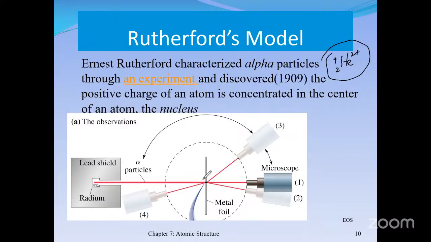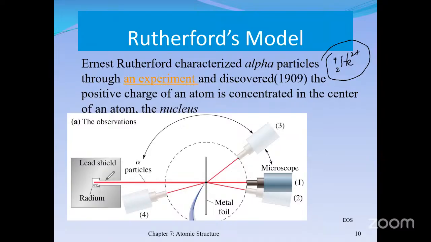So therefore, they will be turned back. So that's basically what we're looking for if you're trying to test this particular model. So what Rutherford did was he carried out this experiment, and what he discovered was, to his surprise, that not all the particles were turned back. Some of them, in fact, most of them, passed right through the gold metal foil.